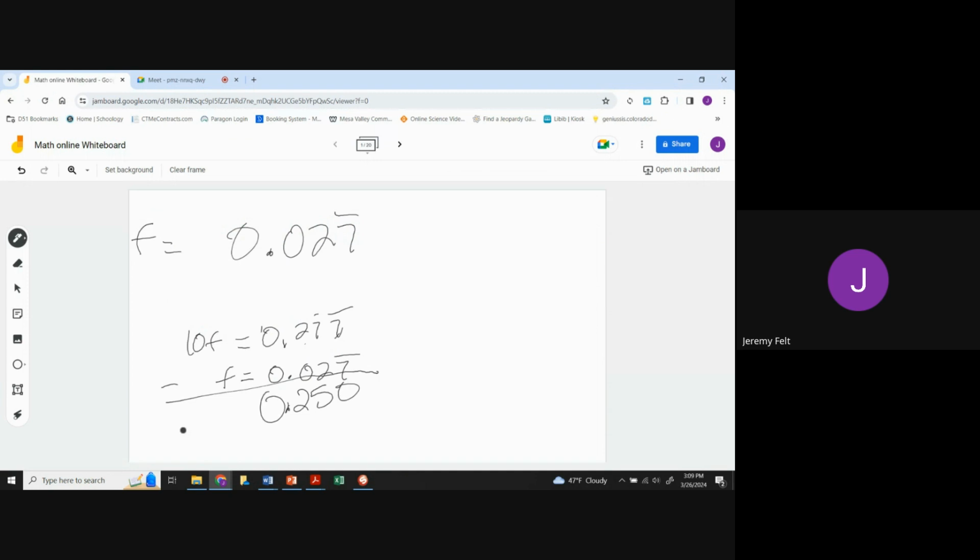But make sure, especially if you're doing this by hand, that your decimals are lined up in your tenths, hundredths, thousandths. 10F minus 1F is 9F. Divide both sides by 9. Nine cancels out.